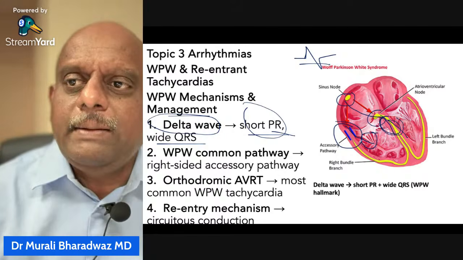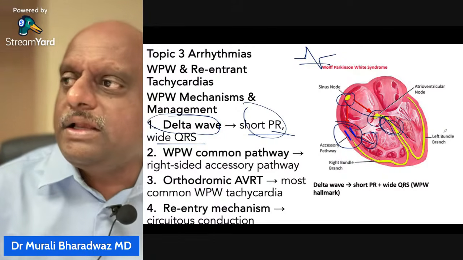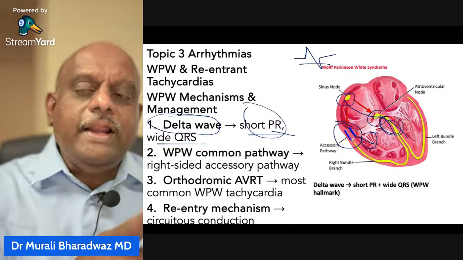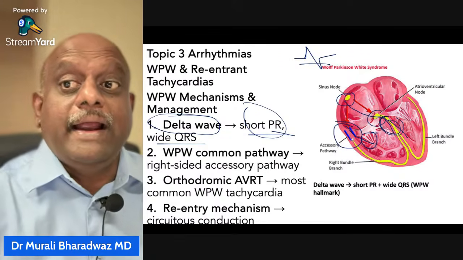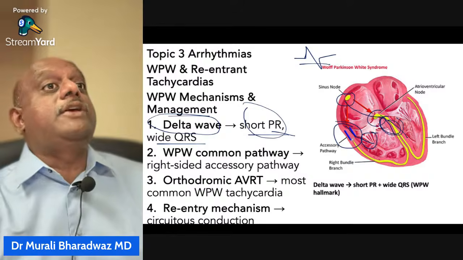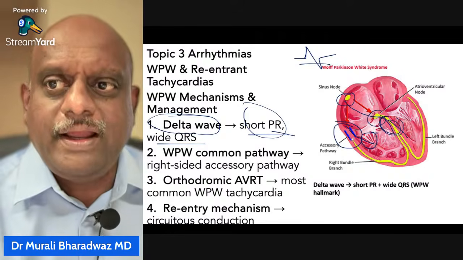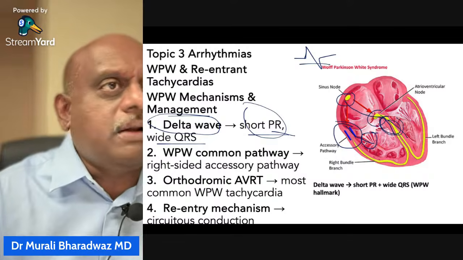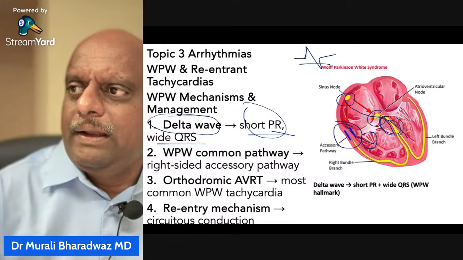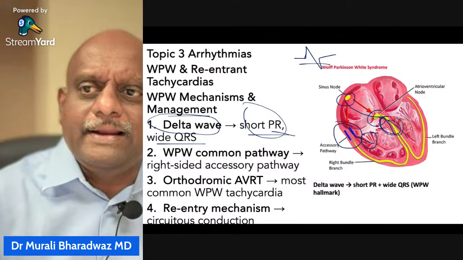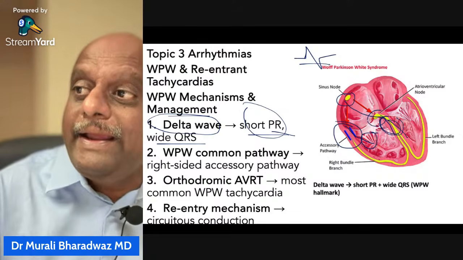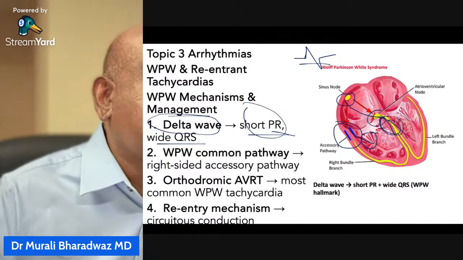Now, this WPW can exist on the right side and left side. Which side is more common? A right-sided accessory pathway is most common, right? Then, because of this abnormal pathway between the atria and ventricle, there is a tachycardia which is called reentrant tachycardia.